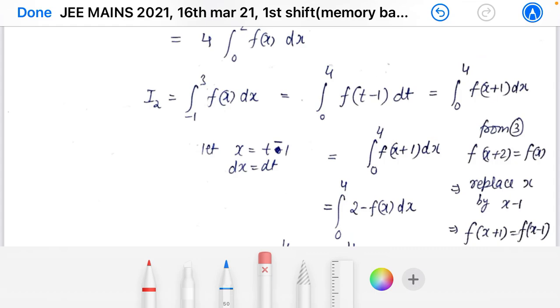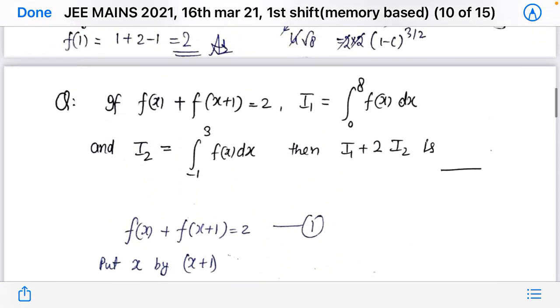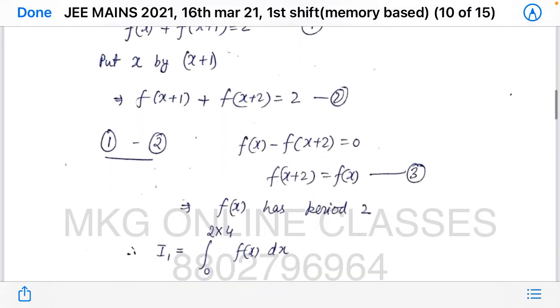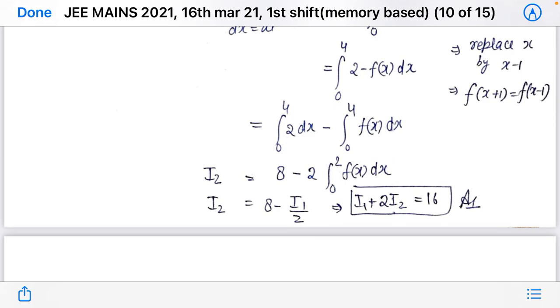f(x plus 1) was given to you in the very first equation, f(x plus 1) was 2 minus f(x). So from here you will write 2 minus f(x). Now integrate this: 0 to 4 of 2 dx minus 0 to 4 of f(x) dx.